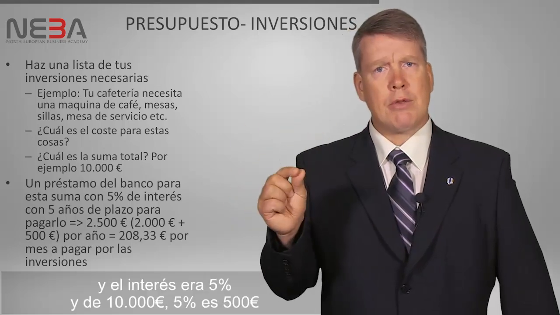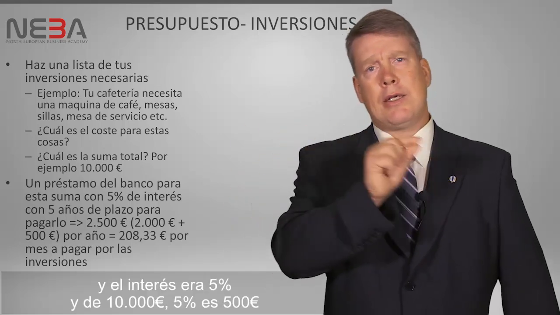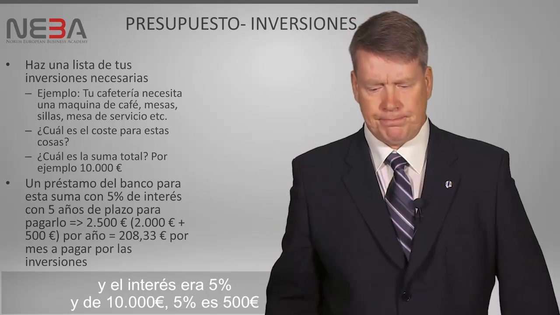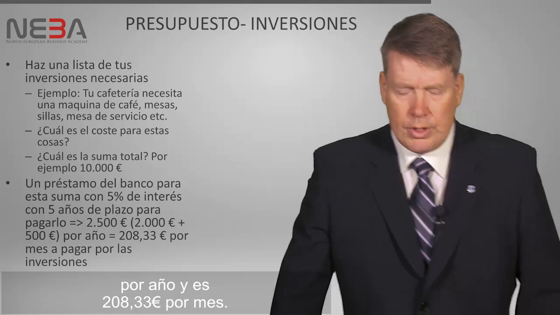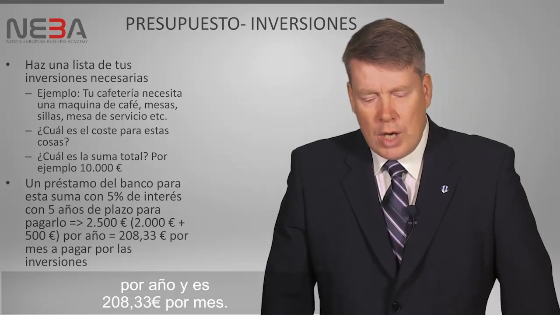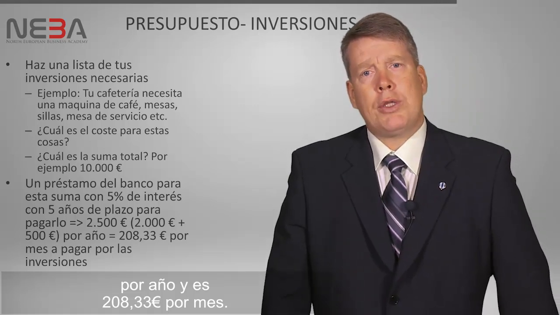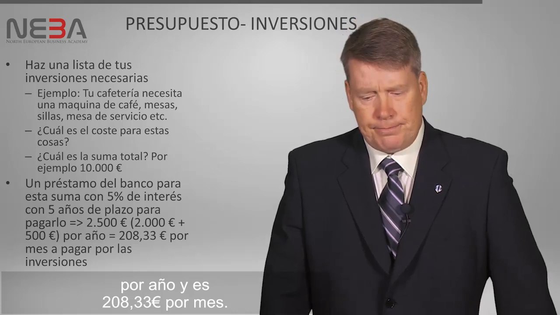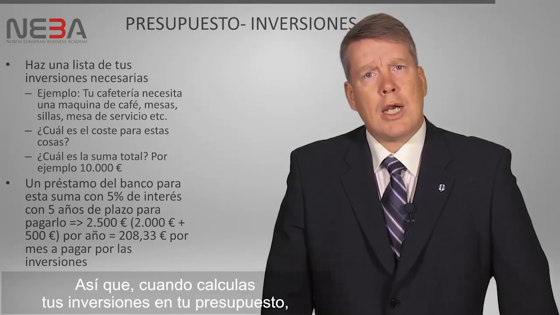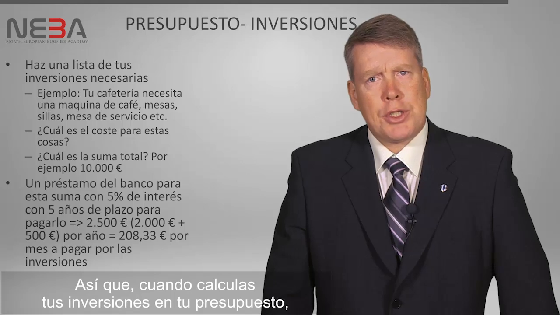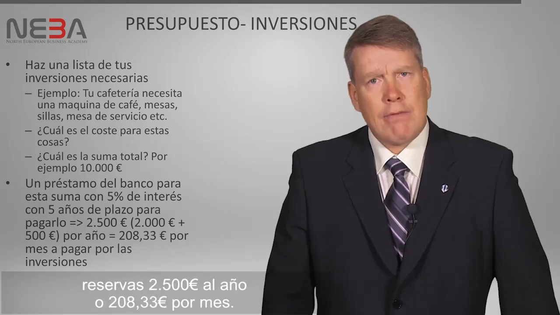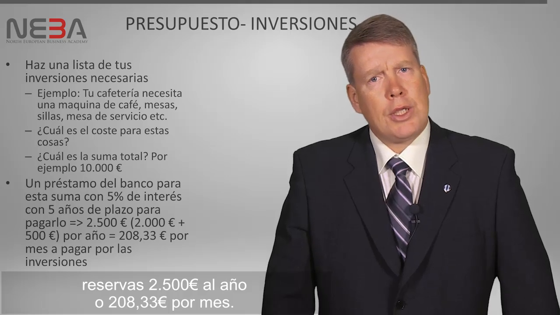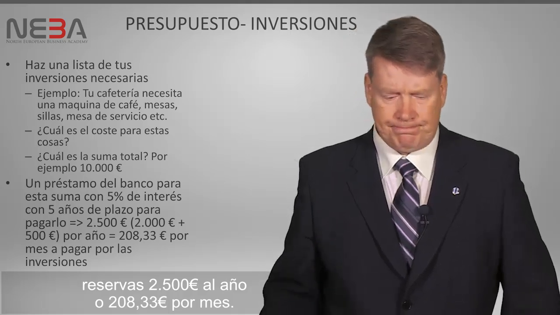And the interest rate was 5%, and out of 10,000, 5% is 500 per year, so it is 208.33 euros per month. So when you calculate your investments in your budget, you reserve 2,500 a year, or 208.33 euros per month.